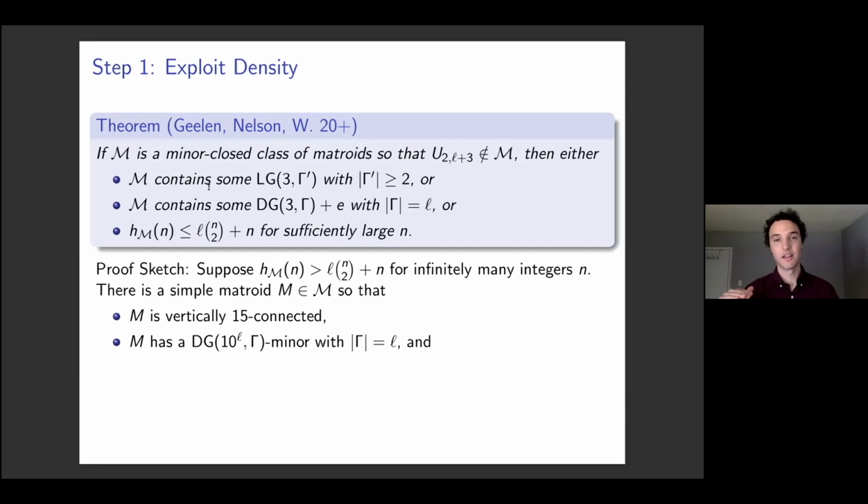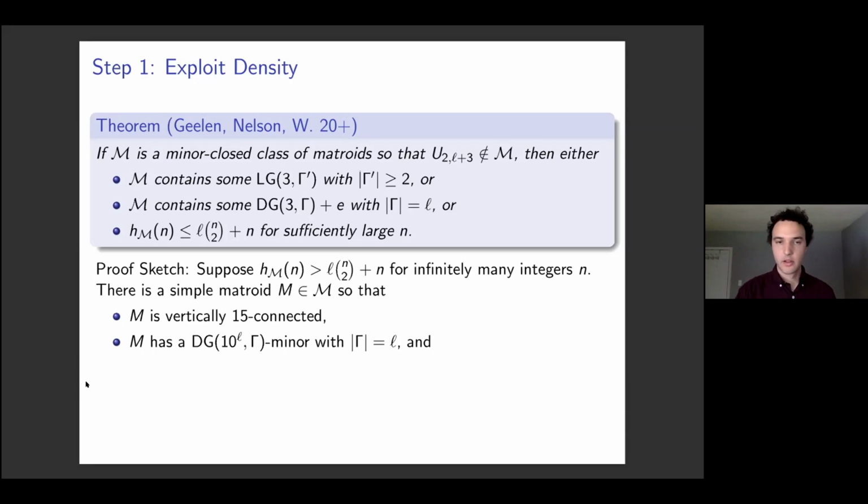If we take this group gamma to be as large as possible, then it must have size L. If it has size less than L, then our main theorem gives an upper bound on the extremal function of L minus 1 times n choose 2 plus some linear term, and that's just too small. So this class contains all gamma frame matroids over some group of size L, and that's certainly a key step in our proof, making sure we have this minor.